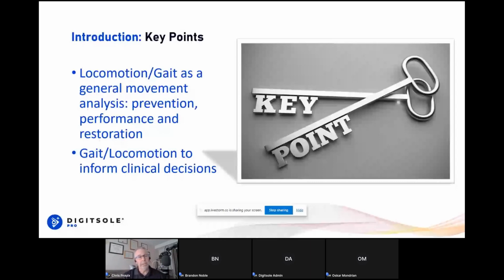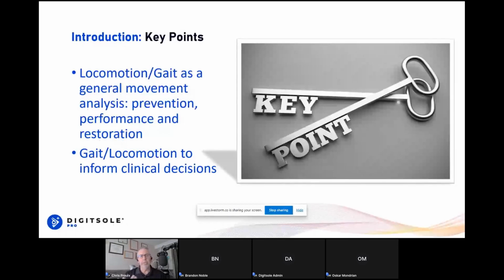I have two main key points that I want to come across in the next 30 minutes or so, and then we'll have about 15 minutes for discussion or questions.